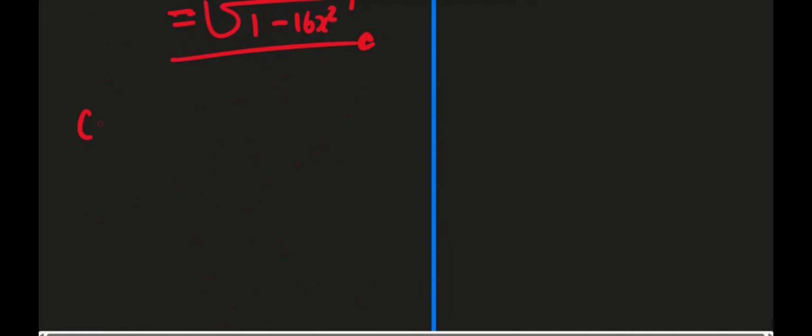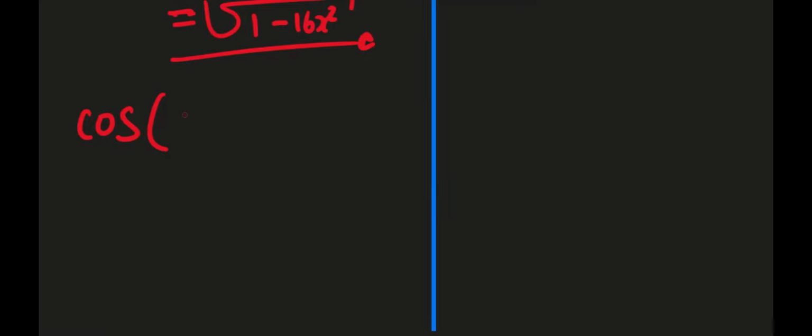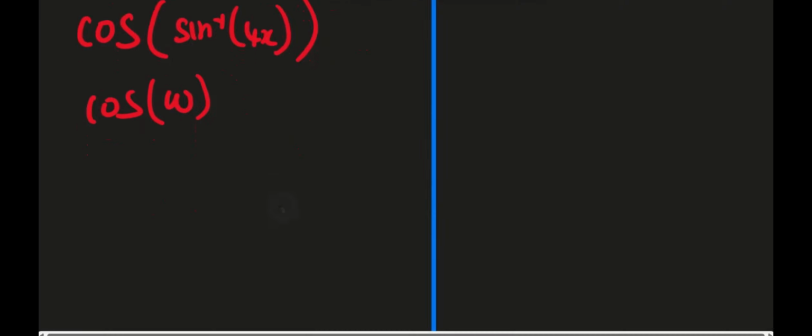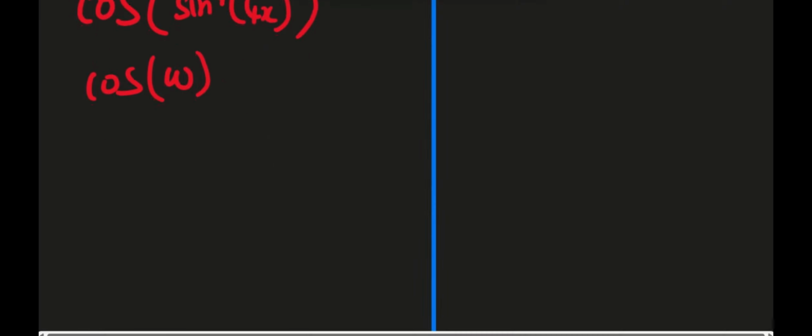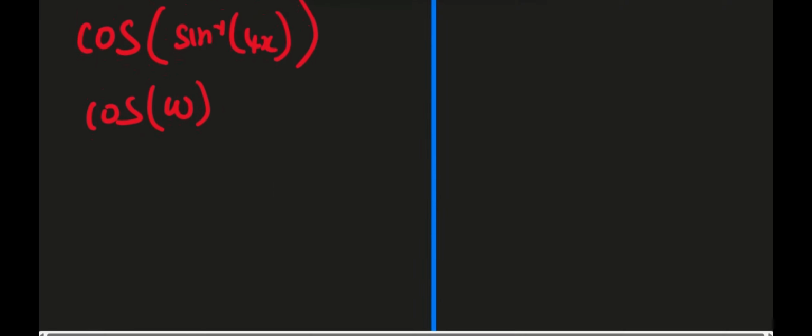So cos arc sine 4x becomes cos w. And what do we know about cos w? It's the same thing as the ratio adjacent over hypotenuse.